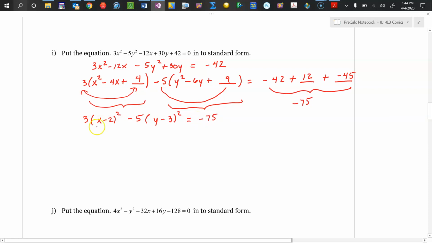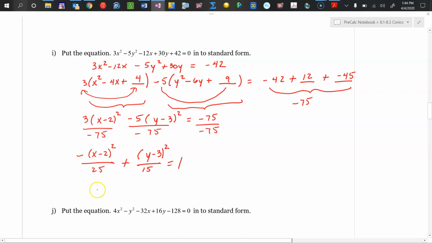So the last step is we're going to divide both sides, each term, by -75. So we get 1 on the right hand side. And when you do this, pay attention to the minus sign, because you're going to end up with the following: a negative x minus 2 quantity squared over 25 plus a y minus 3 over 15 is equal to 1, which we would typically change the order of and write it with the positive term first.